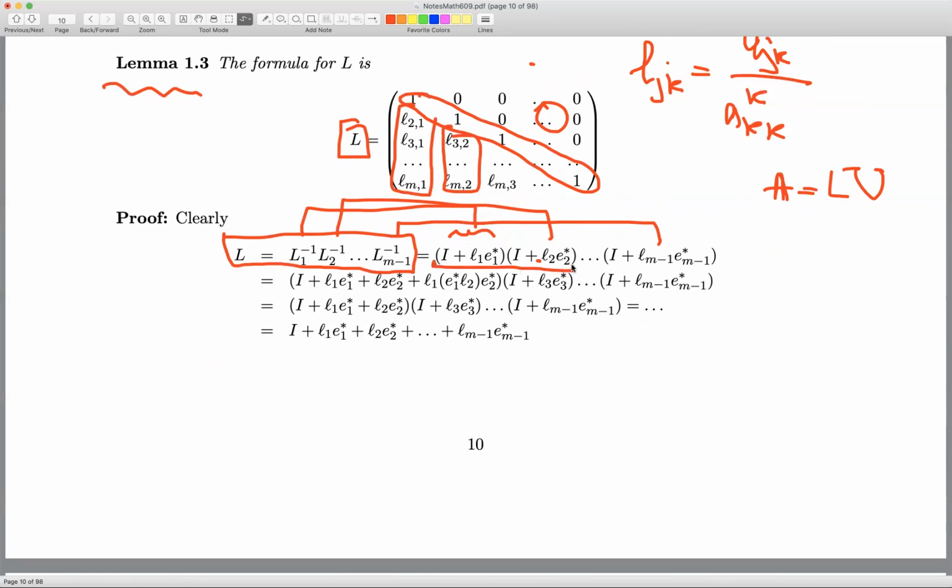We're not going to go into all the details, but we will just examine the product of the first two matrices.